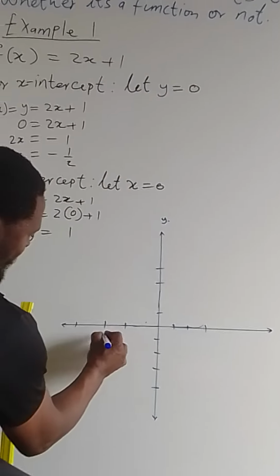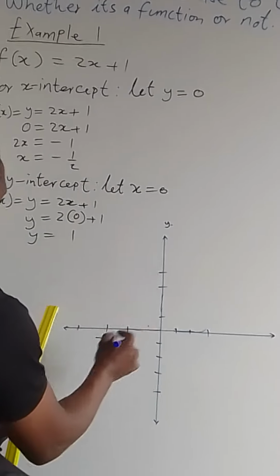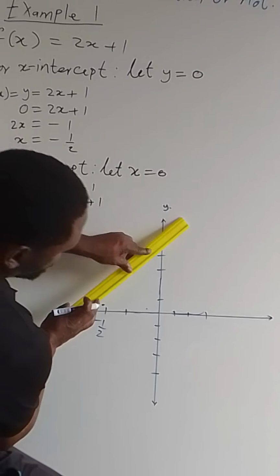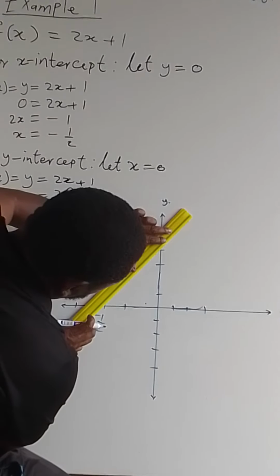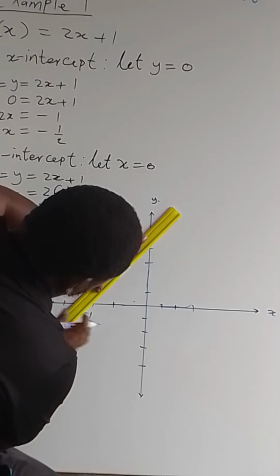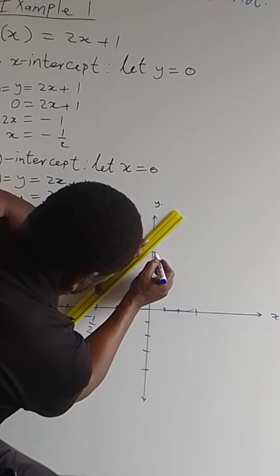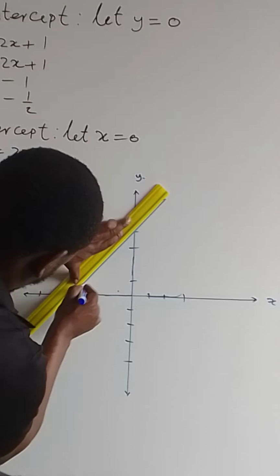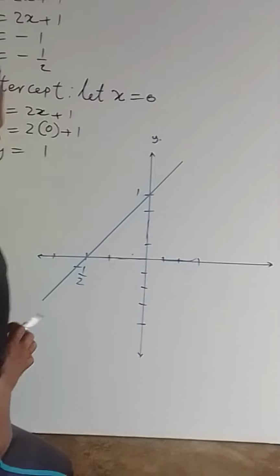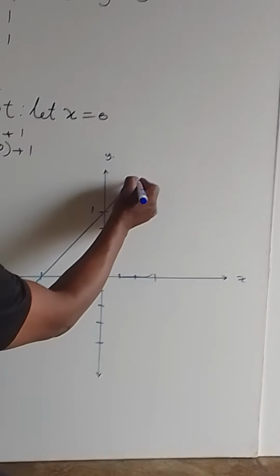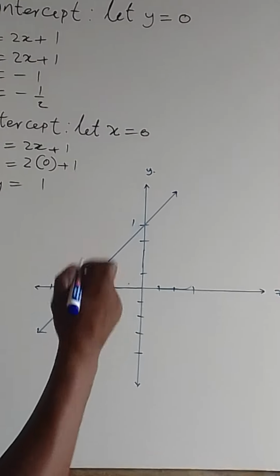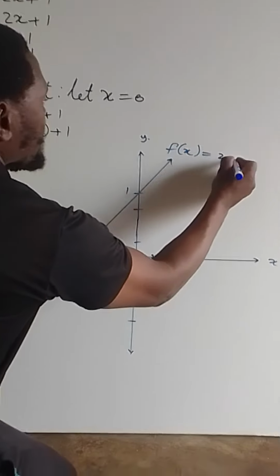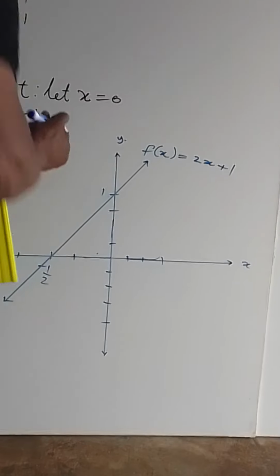Our minus 1 is here, our minus half is here, then our 1 is here. For clarity's sake, this is our graph of f(x) = 2x + 1.